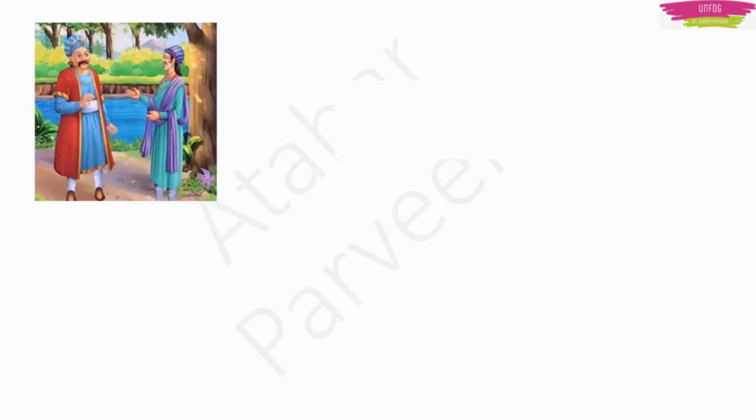Birbal had answers to all types of tough questions: logical questions, illogical questions, odd questions, even questions, all types of questions he used to answer. So this time Akbar got this mischievous thought and asked him a question. There was one bamboo stick fallen in the garden where they were walking.